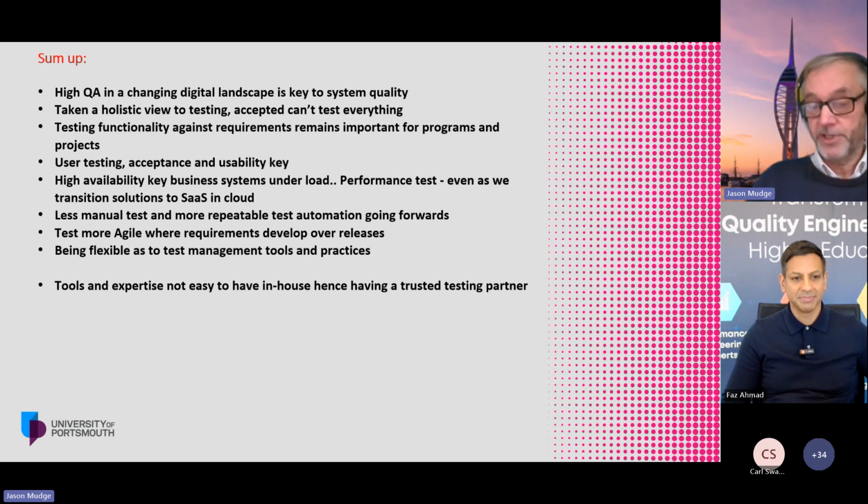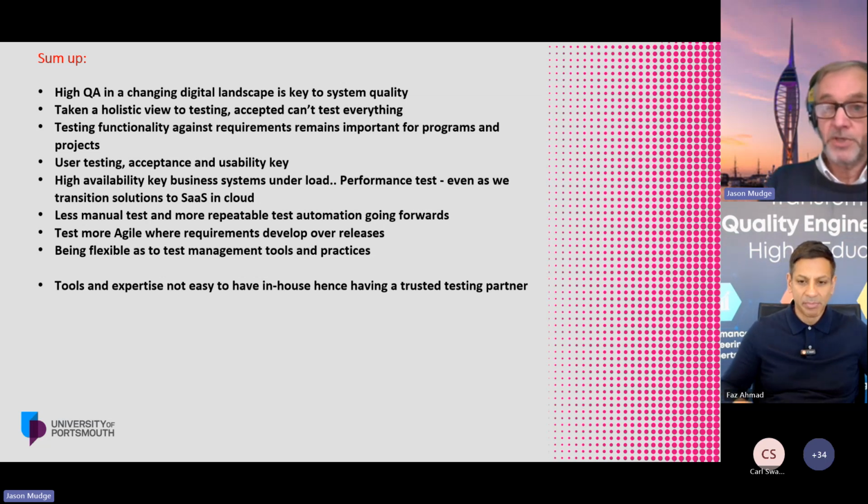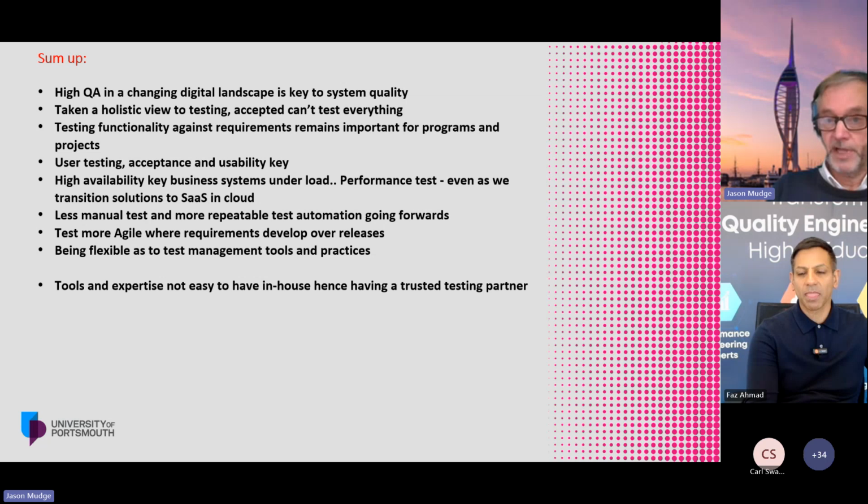User acceptance and usability testing are really important. High availability of key systems under load. So performance testing is absolutely key to us for our core systems, and it will continue to be, I think, even as solutions are delivered as software as a service, because our stakeholders are asking us for that.